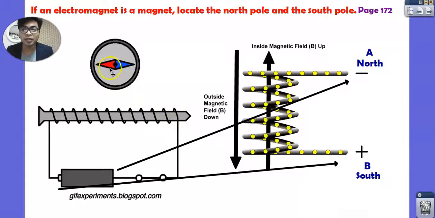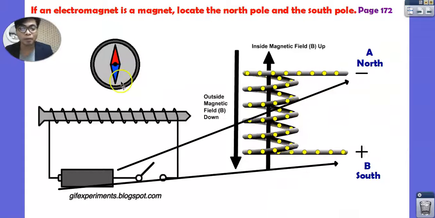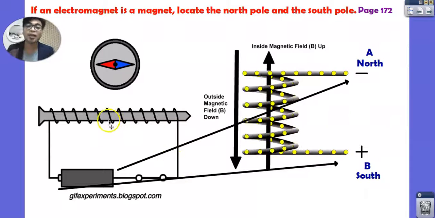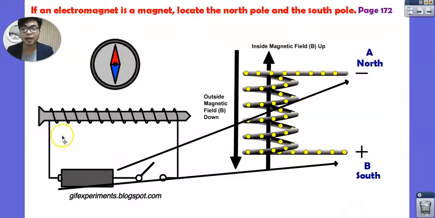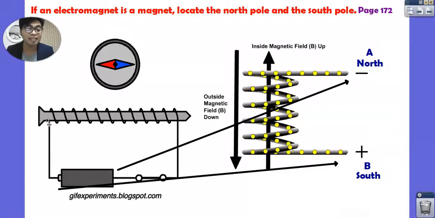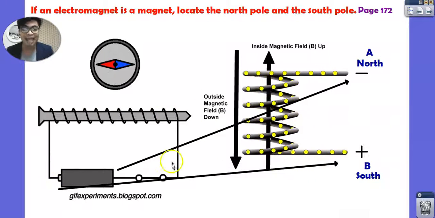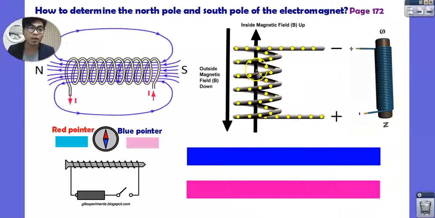The red one always points to the south, and the blue one always points to the north, and this compass proves to us that the magnetic field in our electromagnet runs from the in, which is our South Pole, to the out, which is our North Pole. The in of the current is our South Pole, and the out of the current becomes our North Pole.